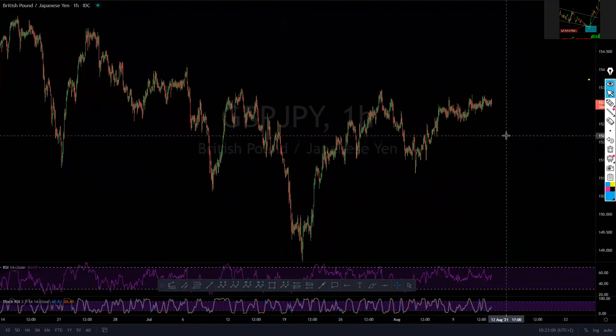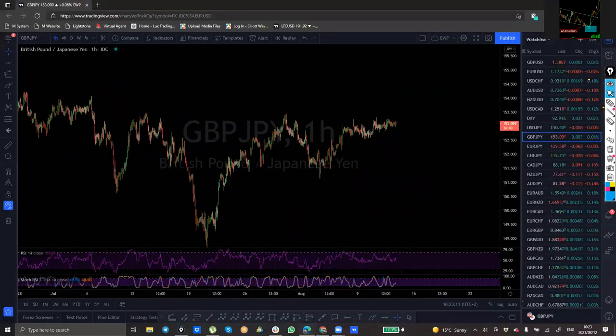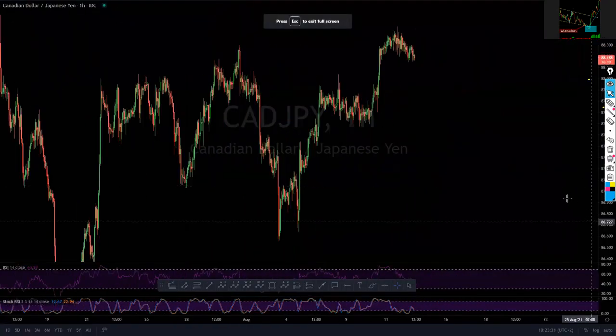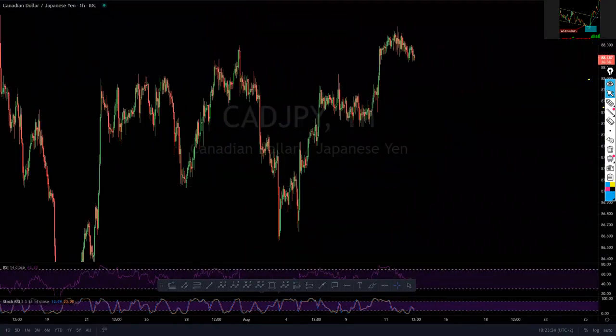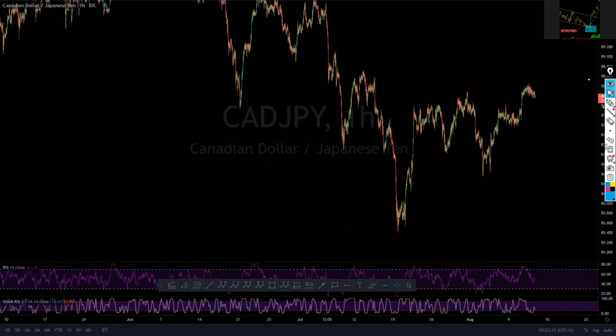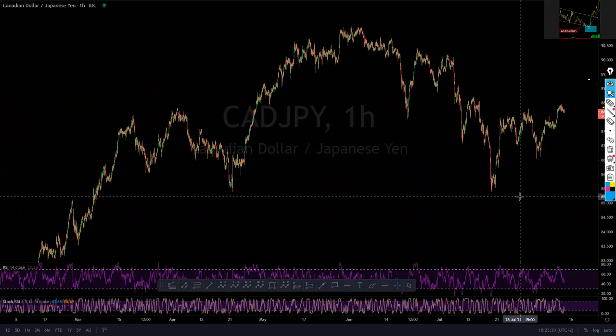CAD yen. On CAD yen, what we are looking for here is that, from this low, pretty much similar to pound yen, we've had these 3 swings lower where there was a blue box.